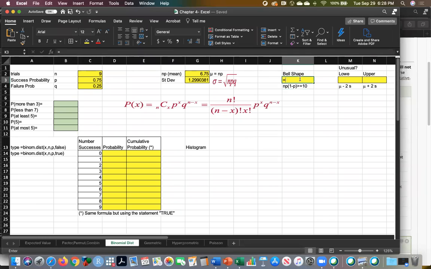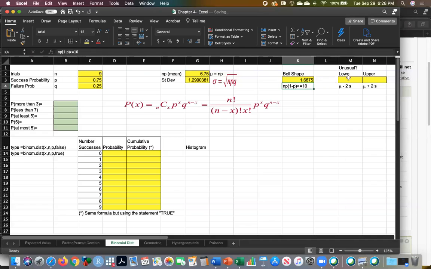So n is going to be 9, once again, times 0.75 times 0.25. This is the formula that we know as the variance.